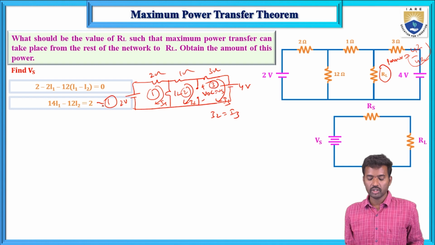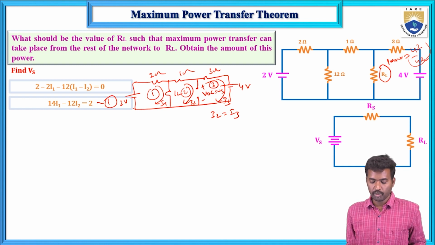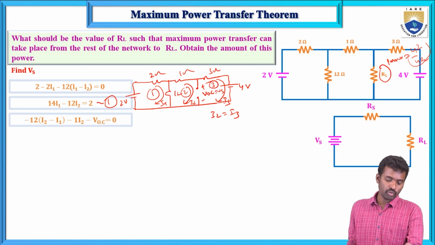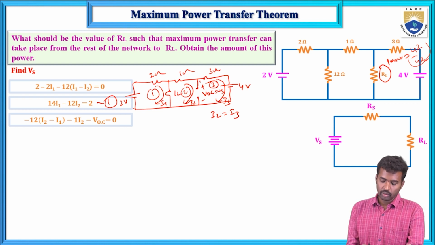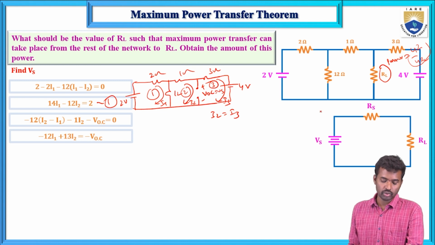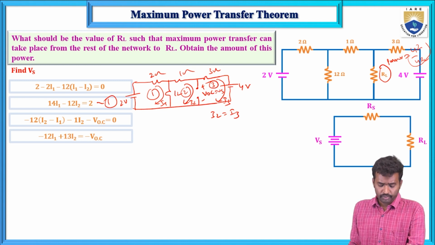Now the second equation, if you apply KVL in mesh 2: minus 12 (I2 minus I1) minus 1 into I2 minus VOC equals 0. The simplified equation is minus 12 I1 plus 13 I2 equals minus VOC.